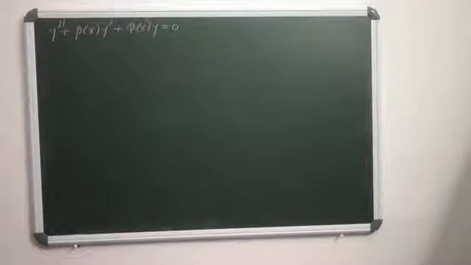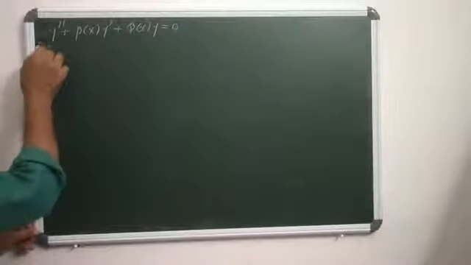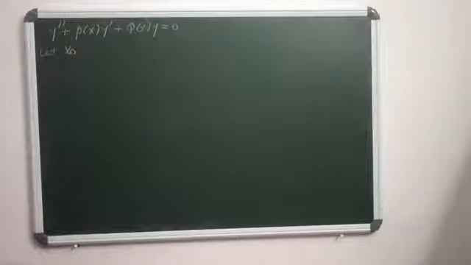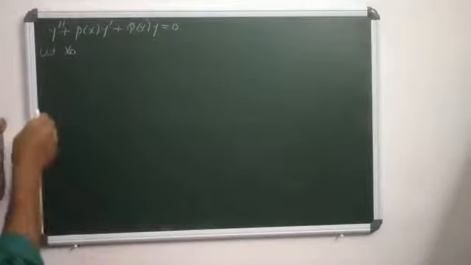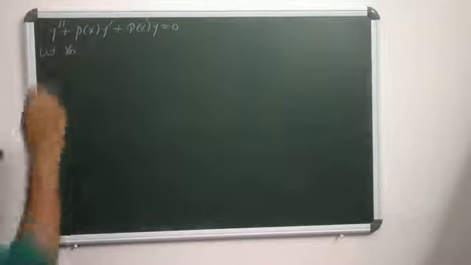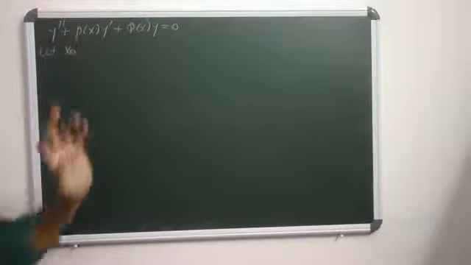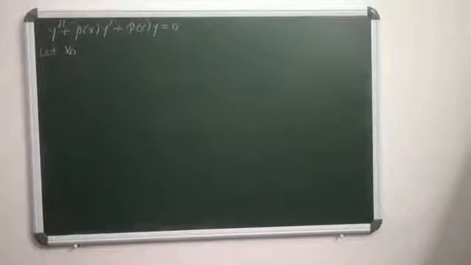So we already stated that the behavior of the solution also depends upon the behaviors of p(x) and q(x), meaning the coefficients. Let x0 be considered. So x0 is said to be a singular point of this differential equation only when the coefficients p(x) and q(x) fail to be analytic at this point x0.